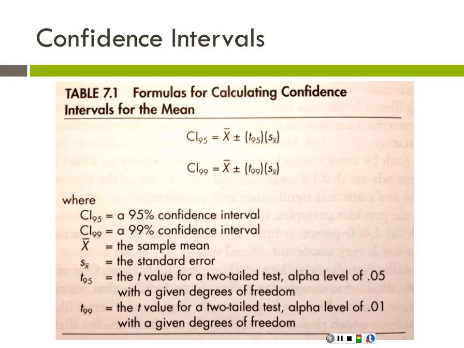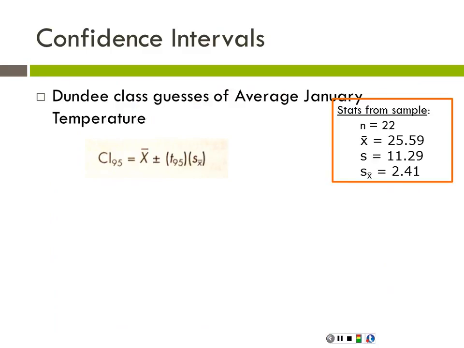Let's go ahead and walk through how this is calculated with a nice example. Let's say that we asked kids in a classroom in Dundee to guess the average temperature in Omaha in January. Here are the stats we got. We asked 22 kids. The average reported temperature in January was 25.59 degrees, so they know it's cold.